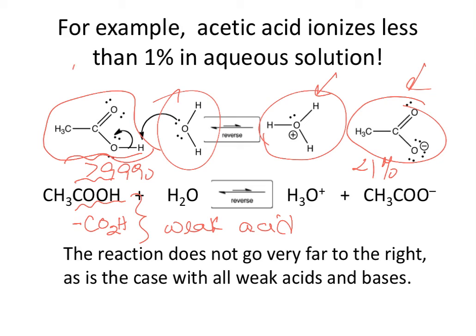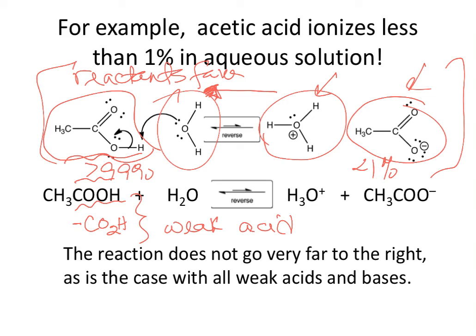So anyway, to visualize a weak acid on a molecular level, we would say that this reaction lies far to the left, which means that reactants are favored. And sometimes that's shown with the arrow going to the left longer than the arrow going toward product.